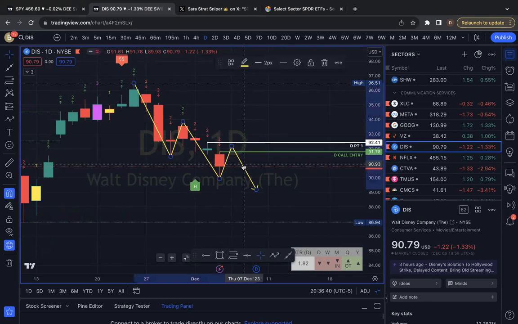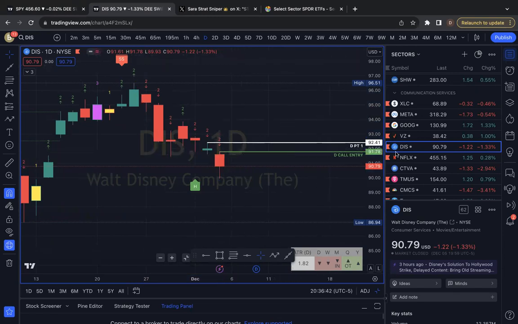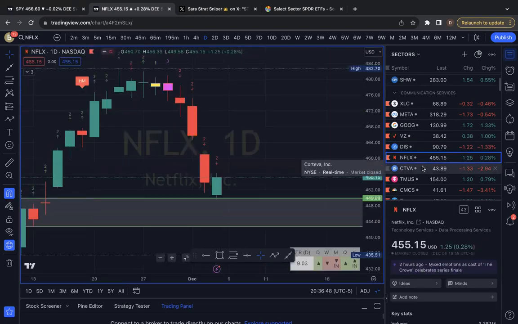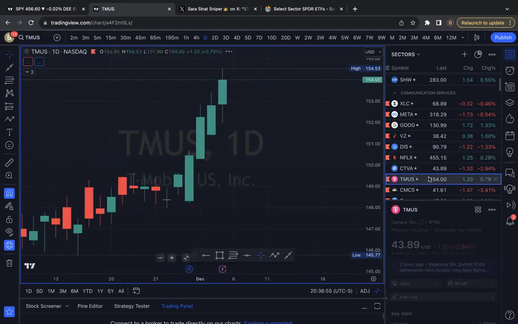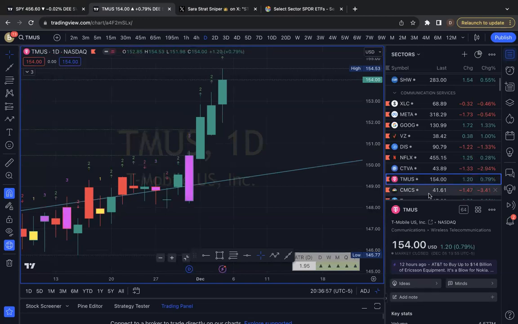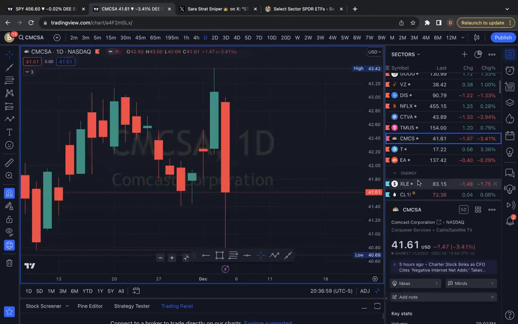Okay. So that is how you would do a 2-2 reversal to the upside. Let's find something to the downside.